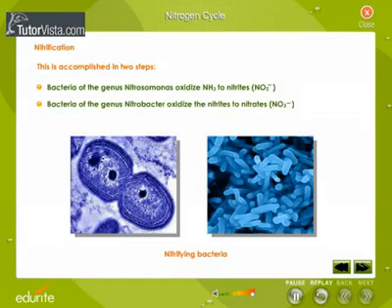Bacteria of the genus Nitrobacter oxidize the nitrites to nitrates, NO3-. These two groups of autotrophic bacteria are called nitrifying bacteria. Through their activities, which supply them with all their energy needs, nitrogen is made available to the roots of plants.